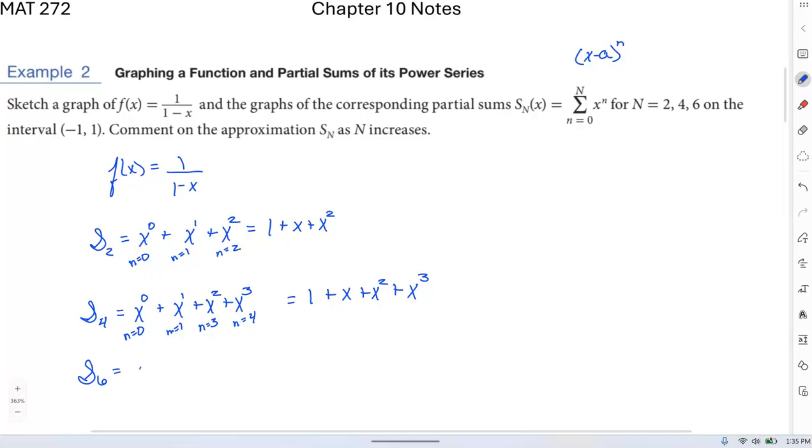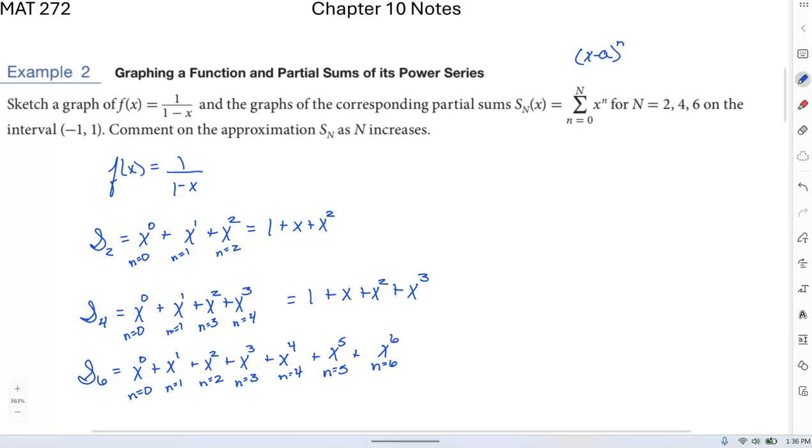S6 is going to be x to the 0, which is n equals 0, x to the first plus x squared plus x cubed. n equals 4 is going to give us x to the 4th, n equals 5 is going to give us x to the 5th, and n equals 6 is going to give us x to the 6th.